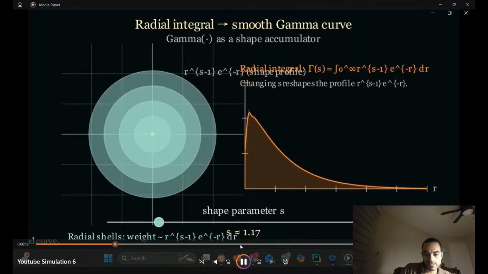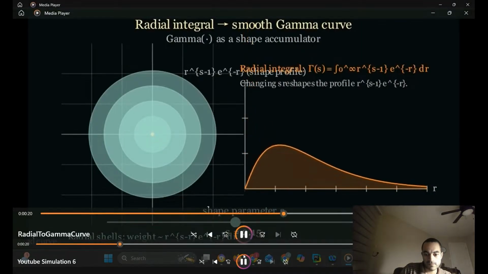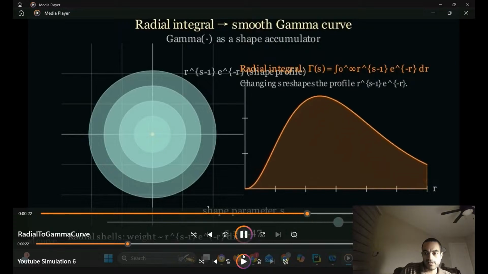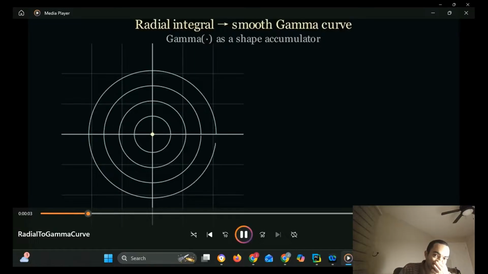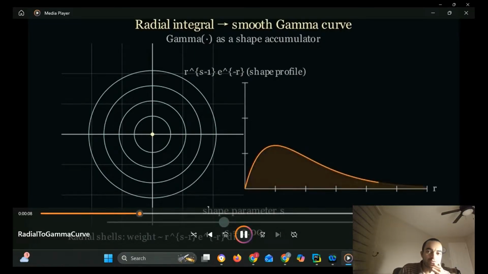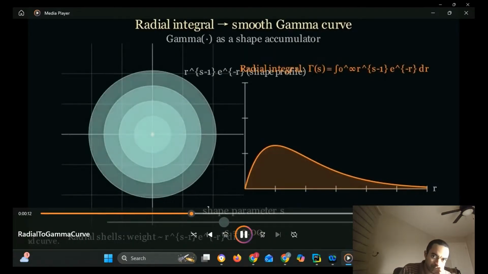Notice what's highlighted in orange: our radial integral, gamma of S. That's the definition of the gamma function. I wrote it the same way, same variables. It's an improper integral. What I'm geometrically trying to show you is that as we have a radial integral, this will transform into a gamma type of curve.